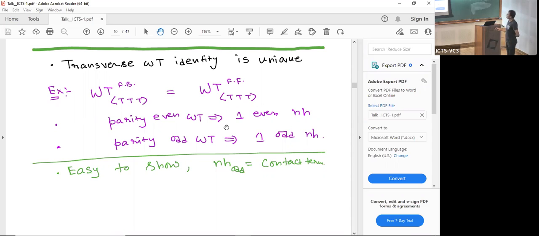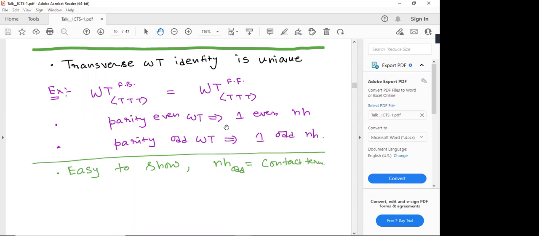And if I consider this Ward identity to be parity odd, meaning the two-point function of J J on the right hand side is parity odd, then I get one parity odd non-homogeneous solution. And it is easy to show that this non-homogeneous parity odd term will always be a contact term. This was missed in Poisson space because they always work at separated points.